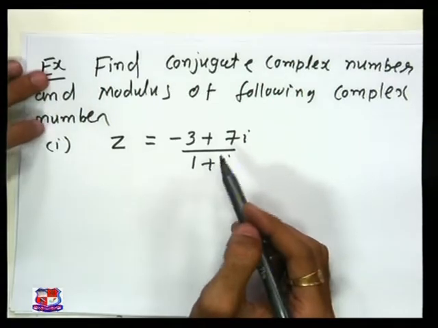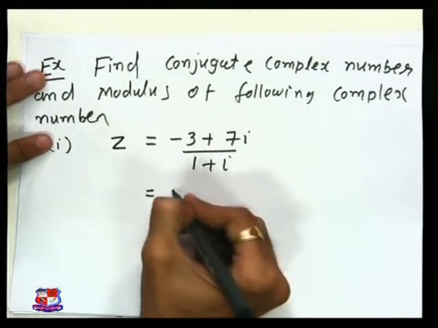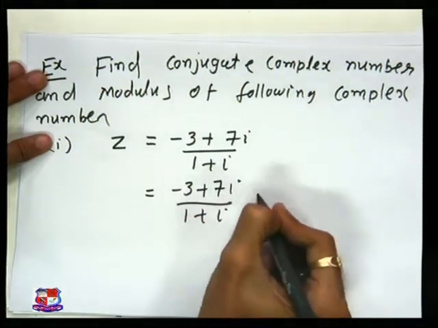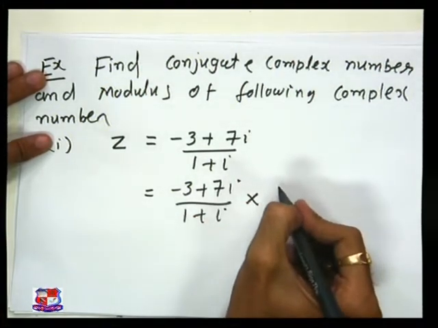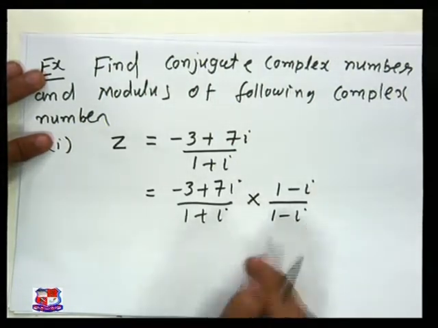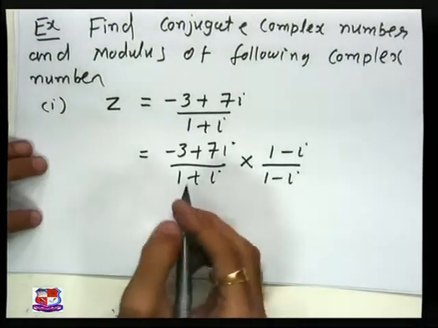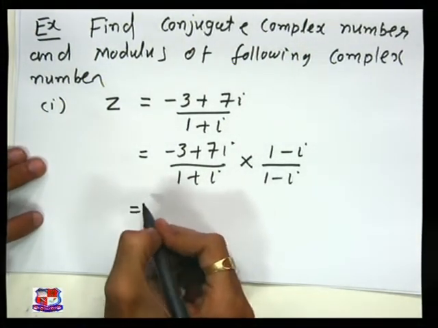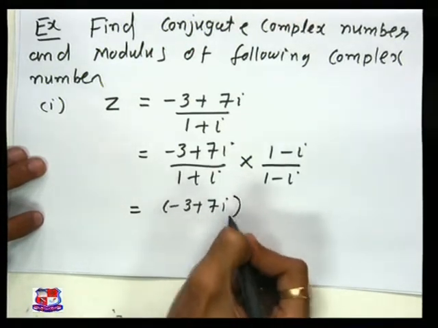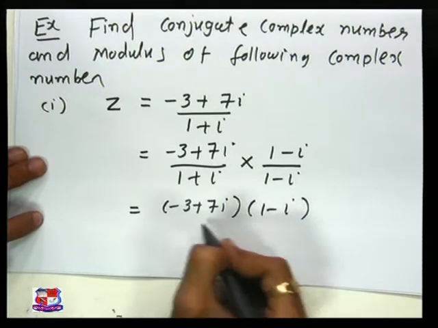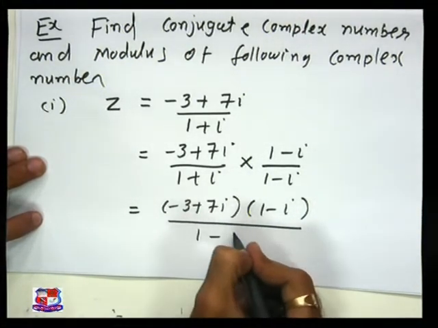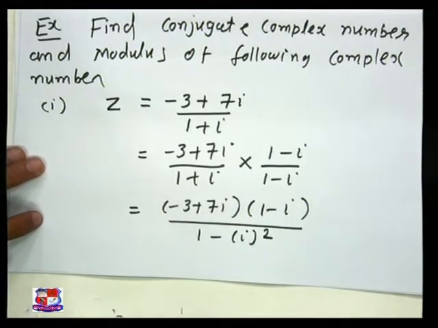So here I will multiply the numerator and the denominator by 1 minus i, since the denominator is 1 plus i. So I will get -3 plus 7i into 1 minus i upon 1 minus i square.